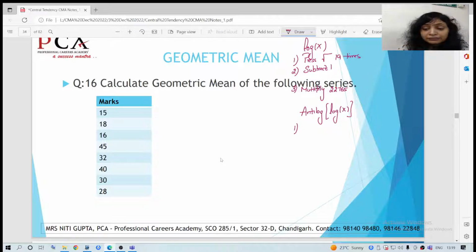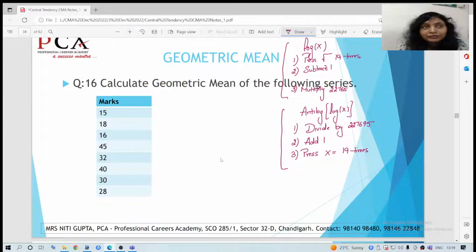Like first we'll divide by 227695. Then second step we'll add 1. And third step we'll find out power, and for power we'll press multiply equal to 19 times. So this is the process of finding the log and antilog of an item.